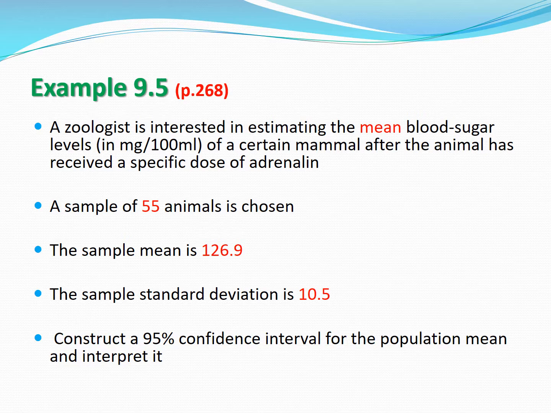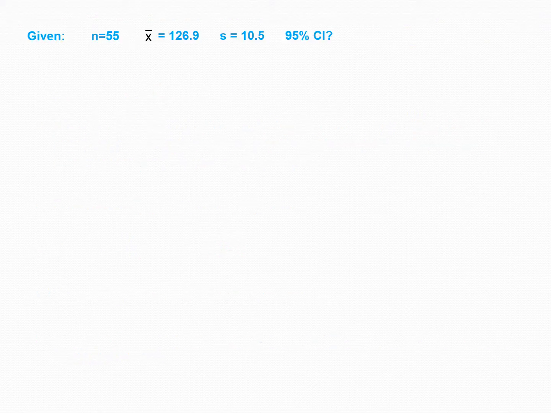The sample of 55 animals is chosen, so 55 will be our sample size, which is N. Then the sample mean is 126.9, that will be X bar, and the sample standard deviation is 10.5, so that will be S, and they ask you to construct a 95% confidence interval for the population mean and interpret it.